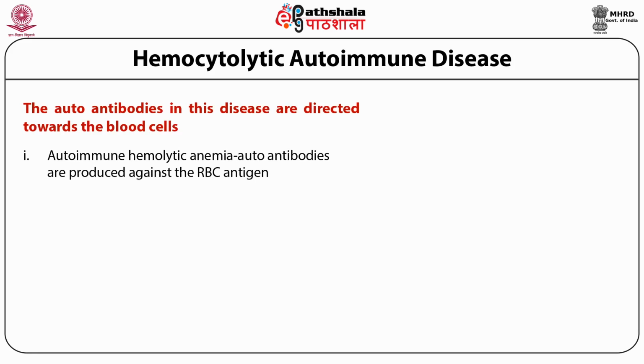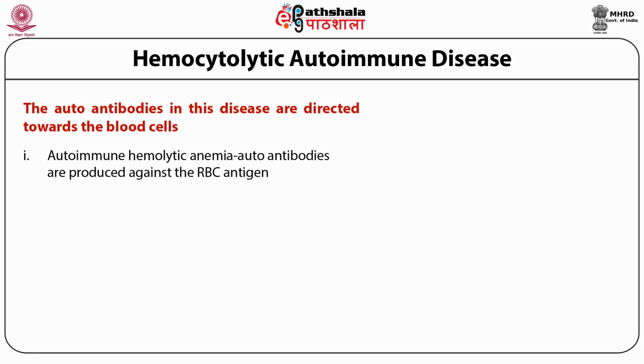Autoimmune hemolytic anemia or AHA. This occurs when antibodies are directed against the person's own red blood cells or RBCs. This can cause complement-mediated lysis or antibody-mediated opsonization followed by phagocytosis of RBCs. The RBCs hence get burst.